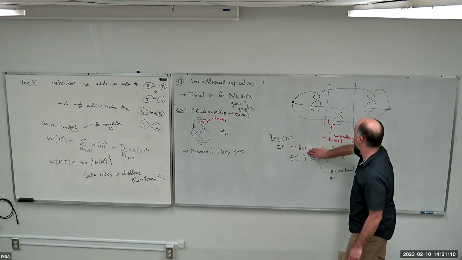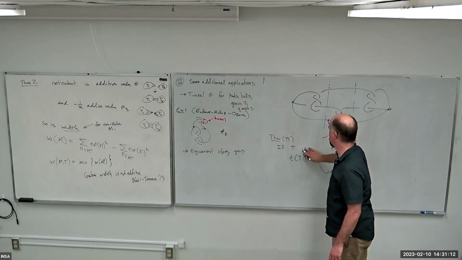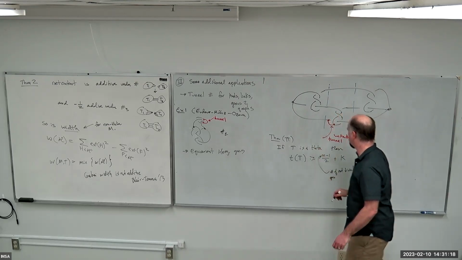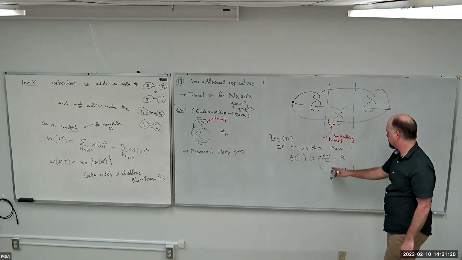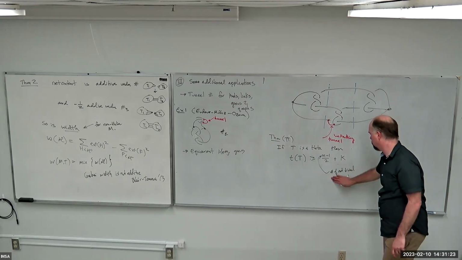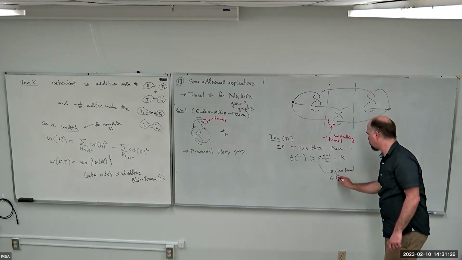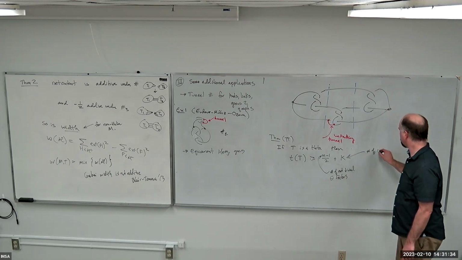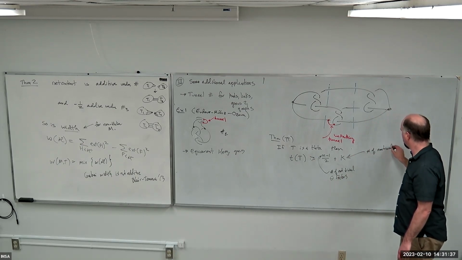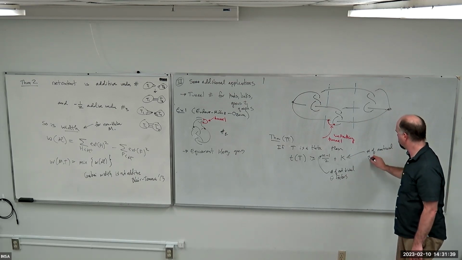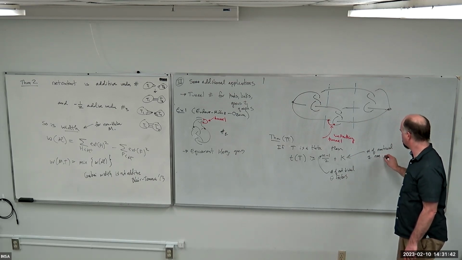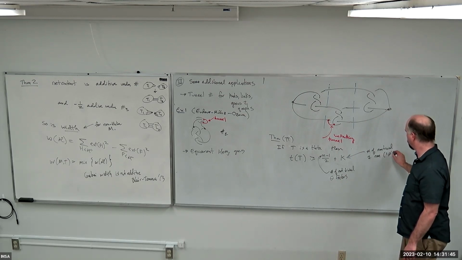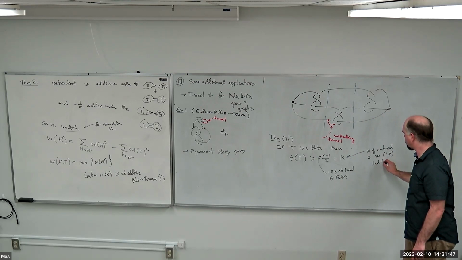Actually, let me just say it's a little easier to say this for theta curves. So this is the number of non-trivial theta curve factors, and this is the number of non-trivial and non-1-bridge knot factors.